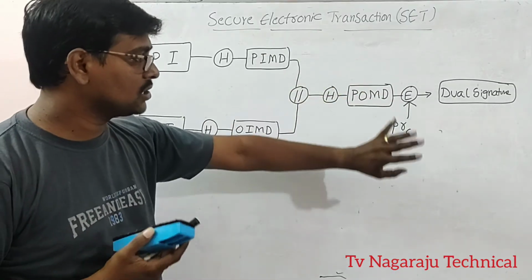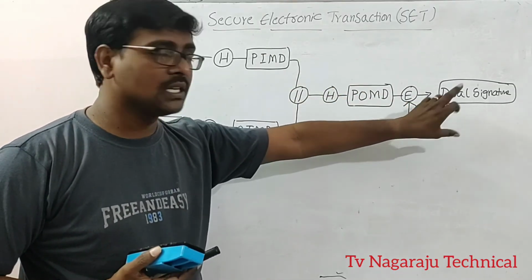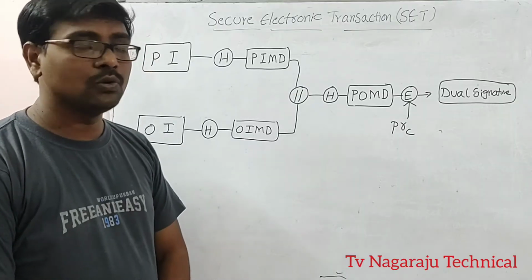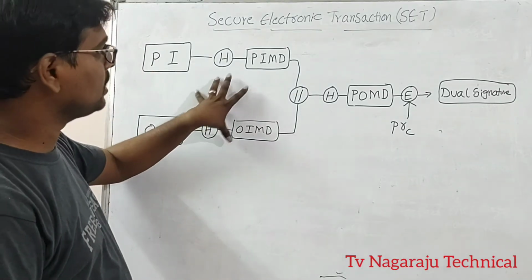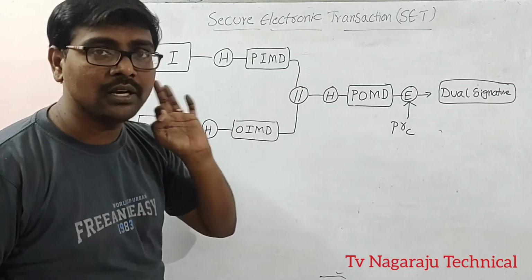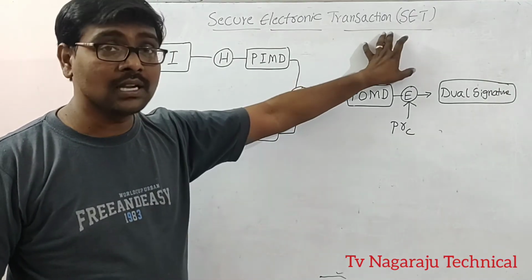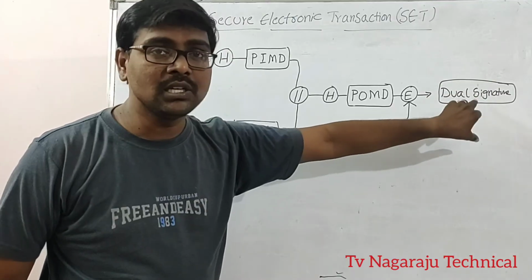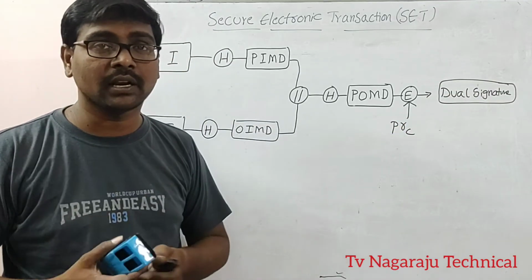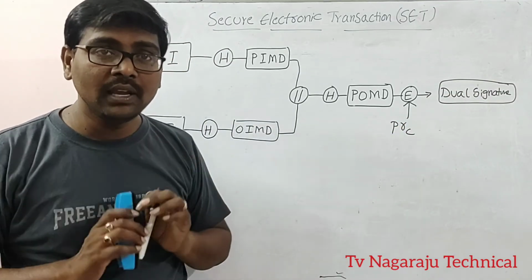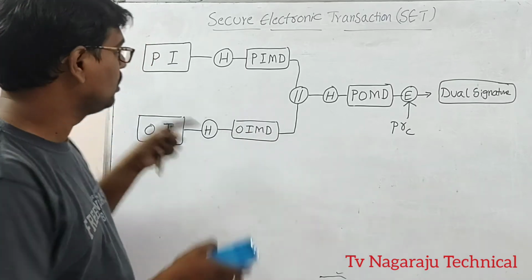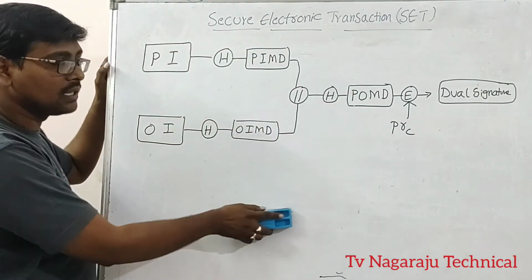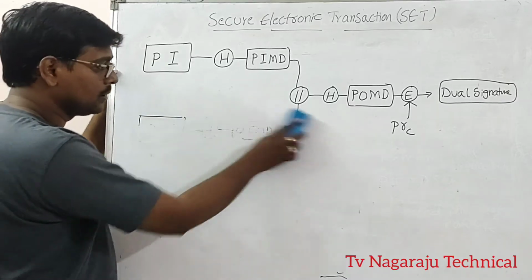Whatever transactions we do, this dual signature is checked for integrity. Now you understand? This is the way to generate dual signature. SET is not completed. Remember, you just need to know the procedure for how to generate dual signature. Right now, I am not doing any online transaction. Yes or no? Now my next step is, I think this is clear.